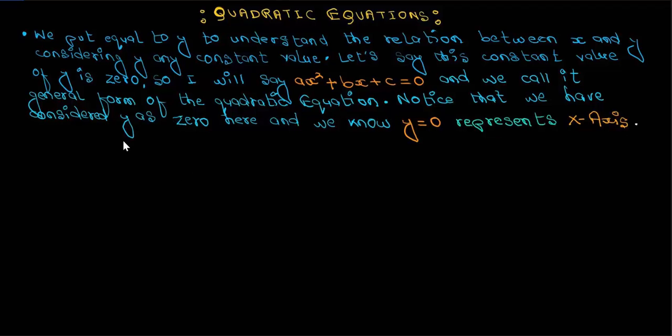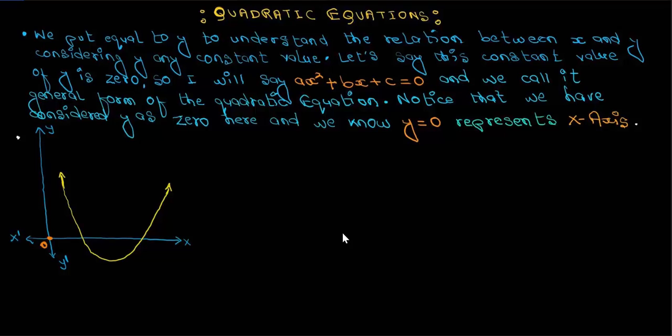Notice that we have considered y as 0 here, and we know y equal to 0 represents the x-axis. For example, in a coordinate plane, in an xy plane, a parabola will look like this curve, this yellow curve, and this O is the origin of this coordinate axis.